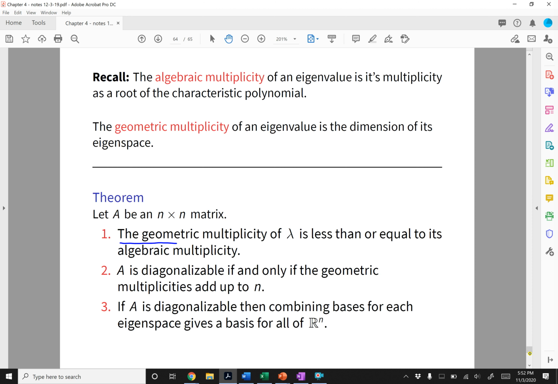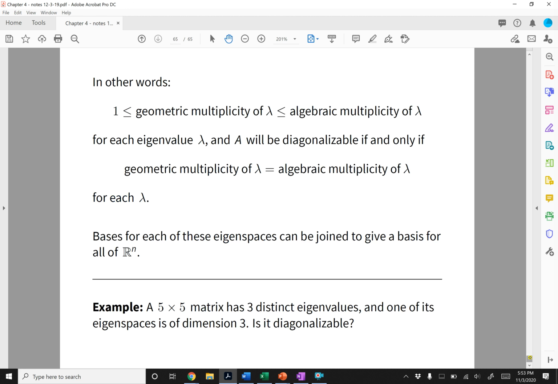If the geometric multiplicity of lambda is less than the algebraic multiplicity, then it cannot be diagonalizable.